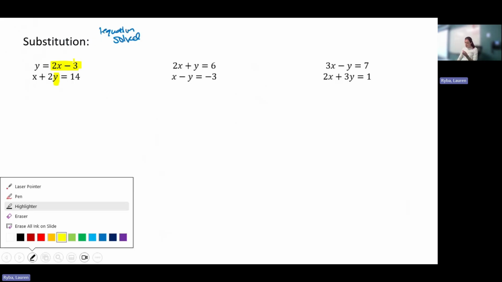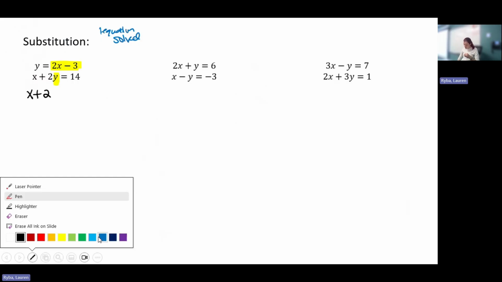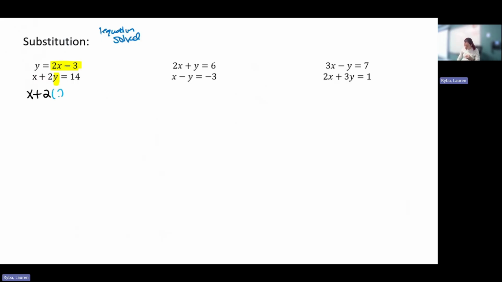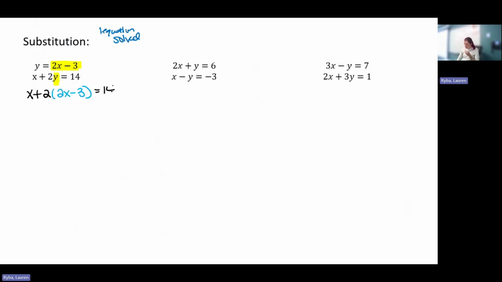So I am taking what y equals and substituting it in to this other equation. So x plus 2, in place of y, I am putting 2x minus 3. And then still setting it equal to 14.